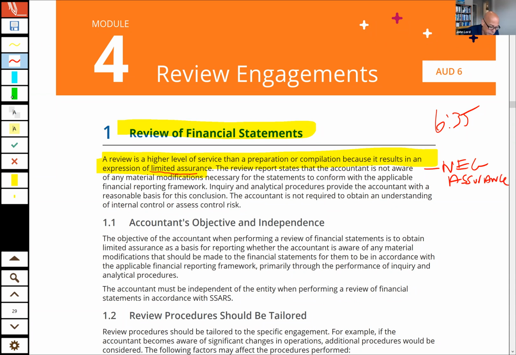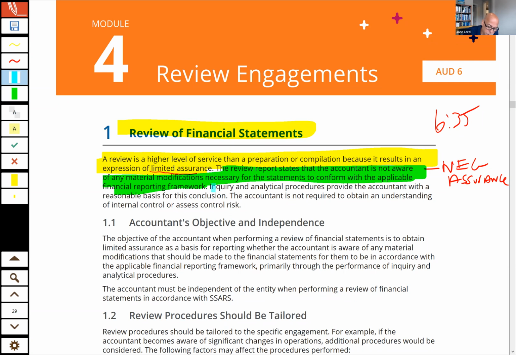In the negative assurance, we say that we are not aware of material modifications that are necessary in order for the financial statements to be in accordance with the applicable framework. So if we're now giving assurance, where with the compilation we weren't giving any assurance, then we're going to have to do something more than just read the financial statements for obvious errors.